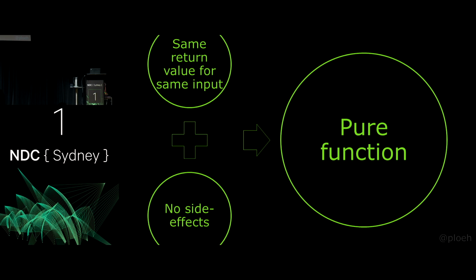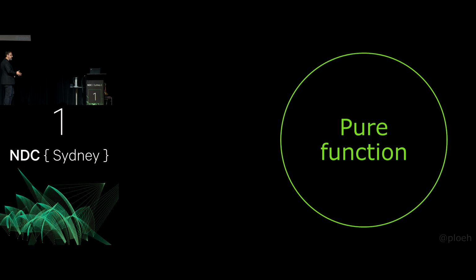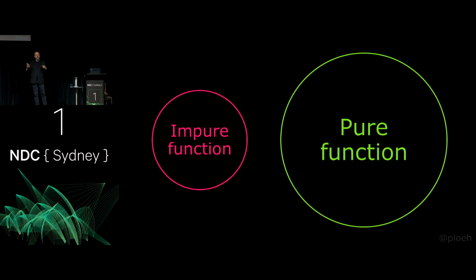And we never say that you can only do pure functions. We just say we like pure functions, so we want to maximize how many pure functions we have. But we absolutely acknowledge that we also need to have impure functions because we need to write to databases, we need to update your user interface, and we need to do all of those things. We just say we prefer the pure functions because they're easier to develop, they're easier to maintain.